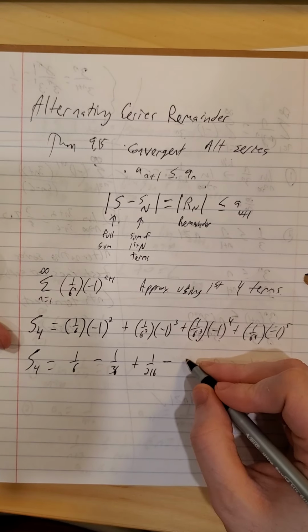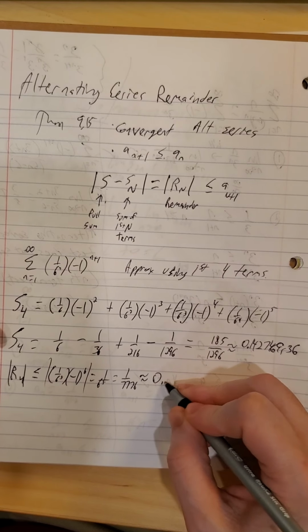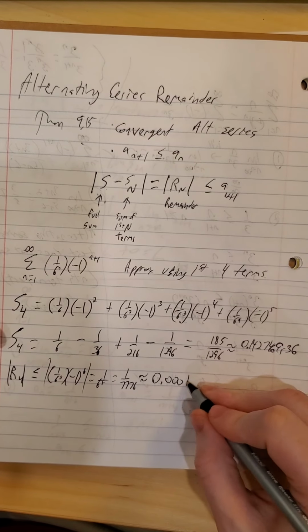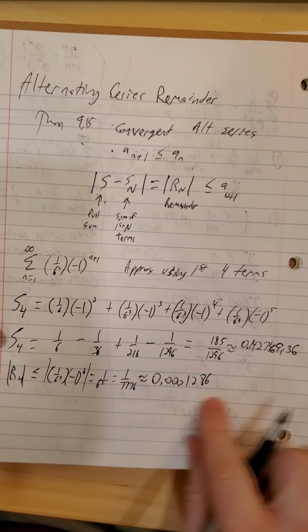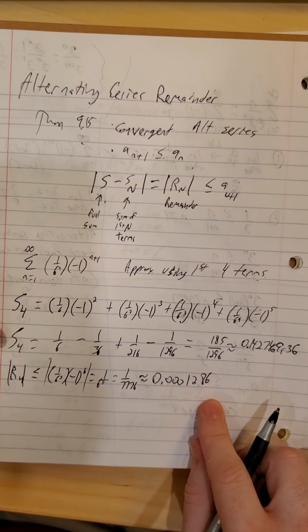So the next term would be 1 over 6 to the fifth times -1 to the sixth, in absolute value anyway. Really, we would just concentrate on 1 over 6 to the fifth, 1 over 7,776, approximately 0.0001286, and some more stuff happening out there. We'll just go this far out.